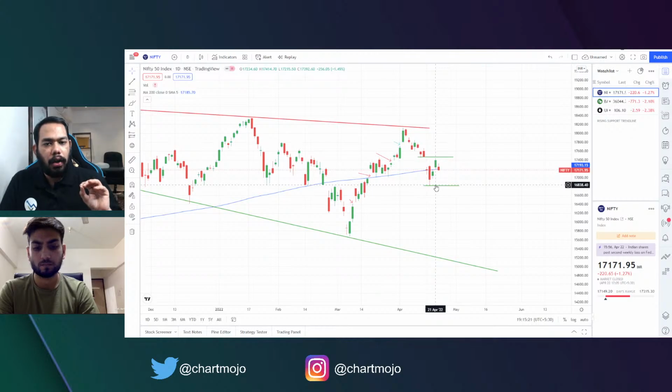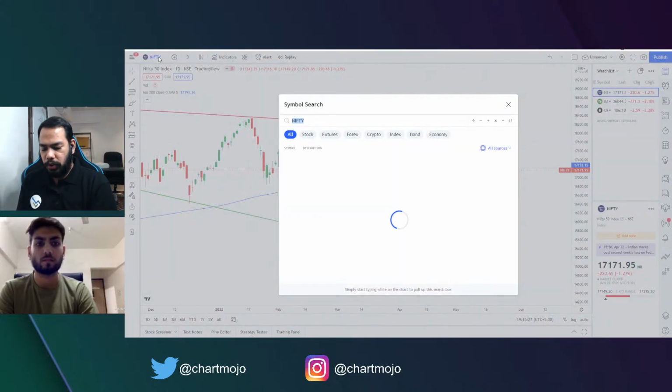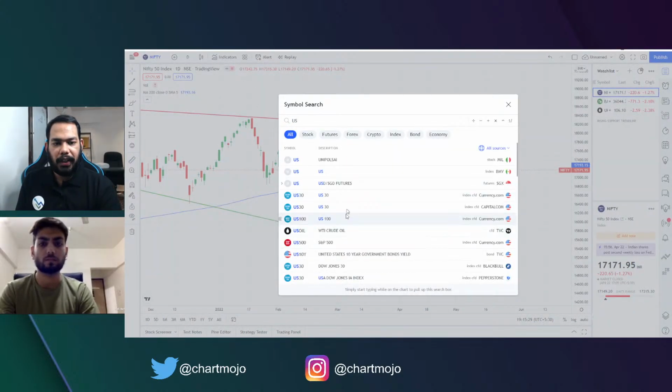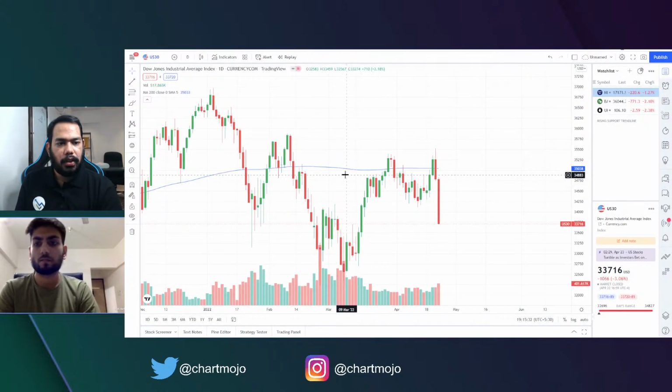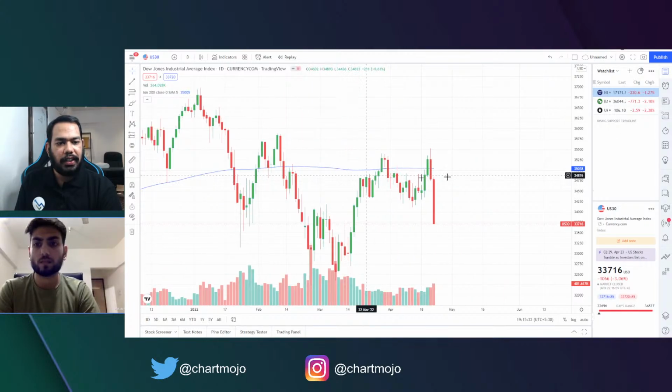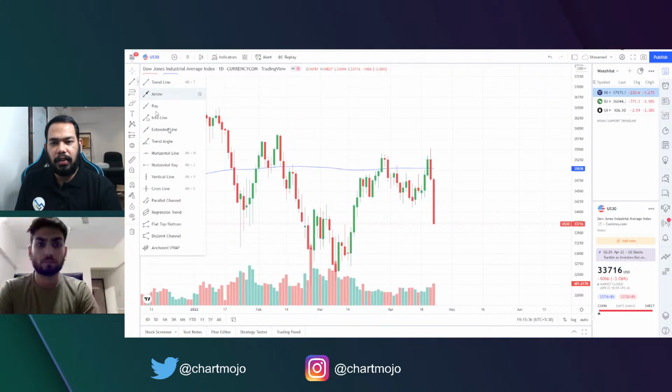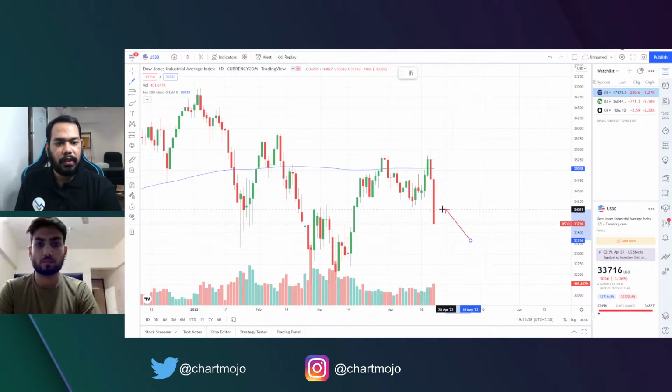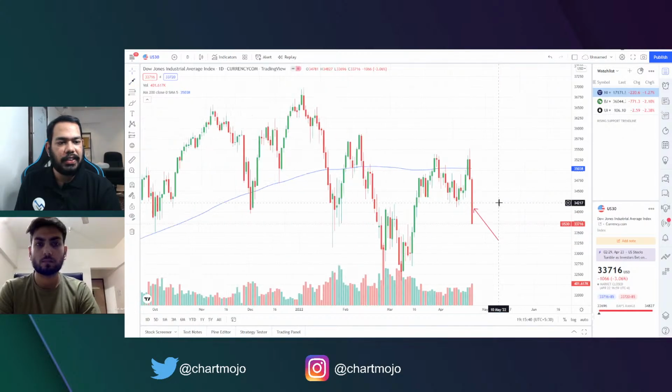So in the US market we had seen a pattern forming up there. So I quickly moved to the US market also, but that has failed. Okay, so this is the US market and this has also failed in the Friday session. You can see this, I have marked this candle.